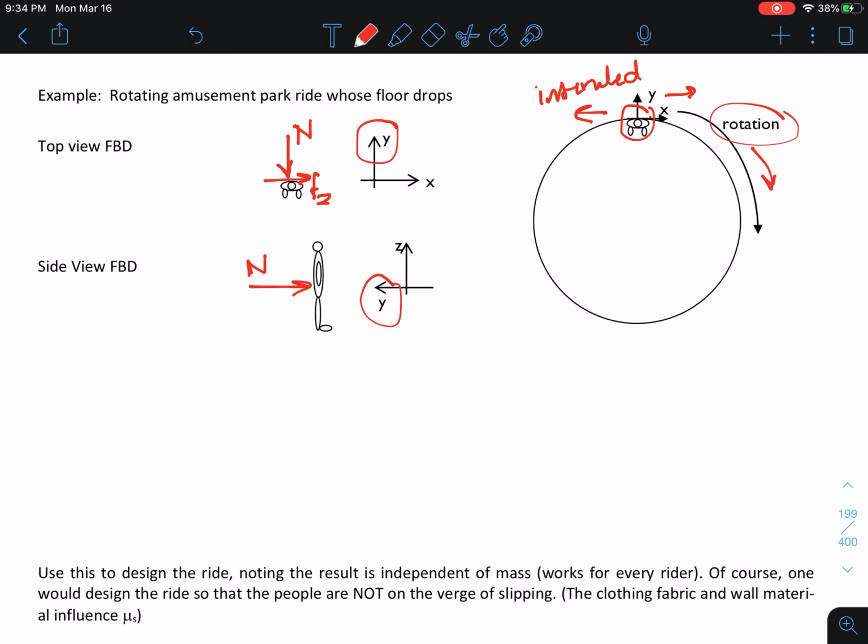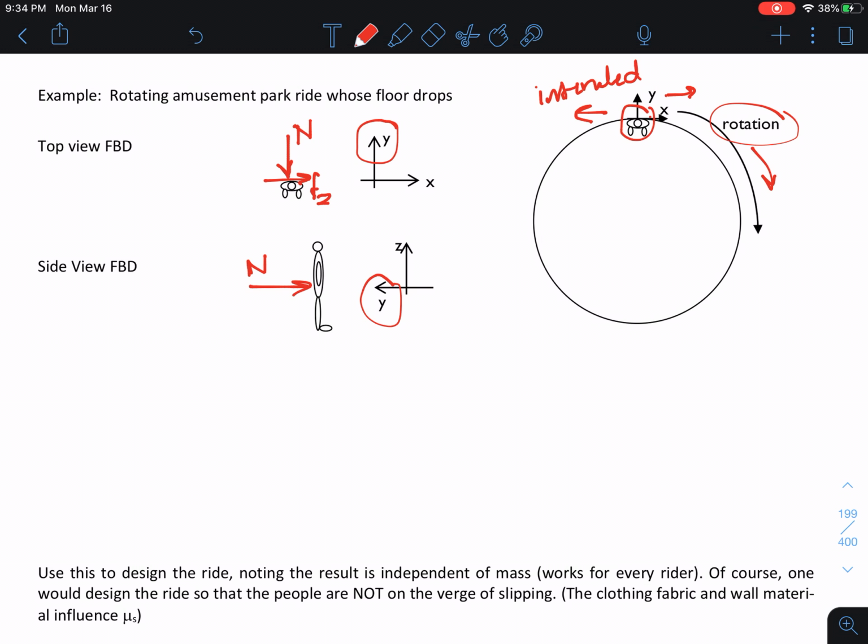That f2 is only non-zero in the beginning, when it starts accelerating, when it starts from rest and then starts rotating. You don't have that after it gets to constant speed for the rotation, and f2 becomes 0.